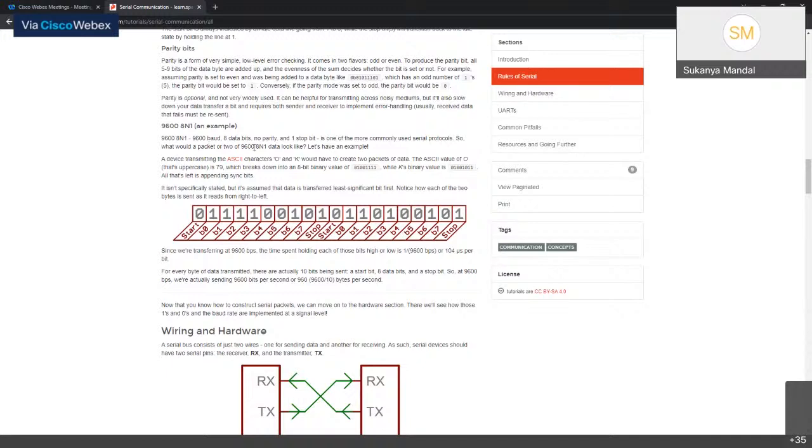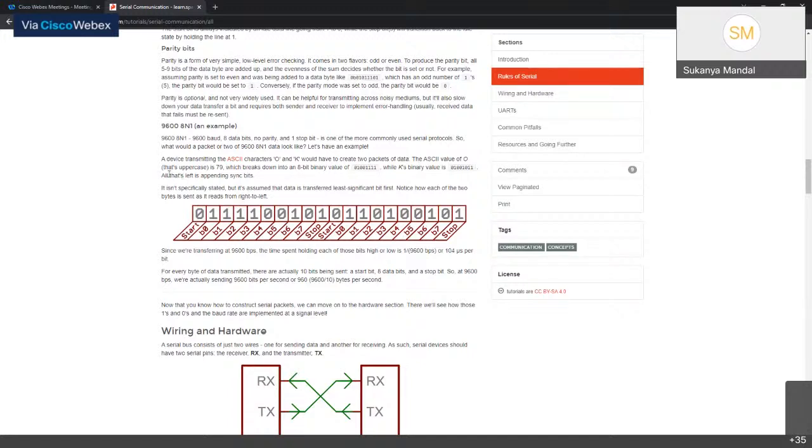9600 baud rate has 8 bits, no parity, 1 stop bit, and is one of the most commonly used serial protocols. So what would a packet or 2 of 9600 data look like? It would look like this. A device transmitting the ASCII characters, let's say O and K, would have to create 2 packets of data.